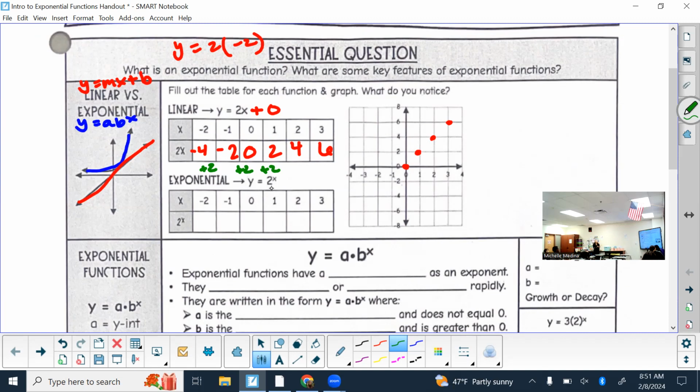So what's my a if it's not written? My starting value, which is what number in this equation? 2 is the b. It's 1. All right, if it was 0, then the whole thing would cancel out, right? It's 1, that's why they didn't bother to write it. So my y-intercept for my exponential function in this one will be a 1.